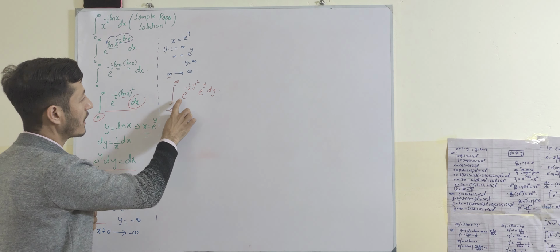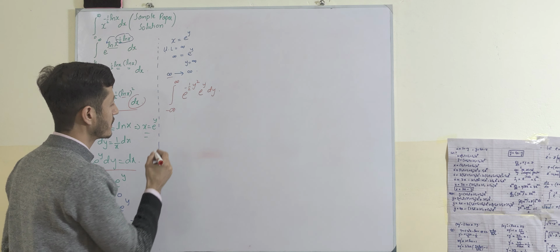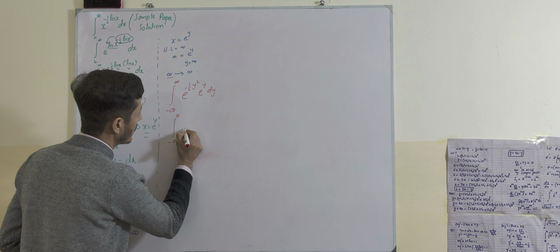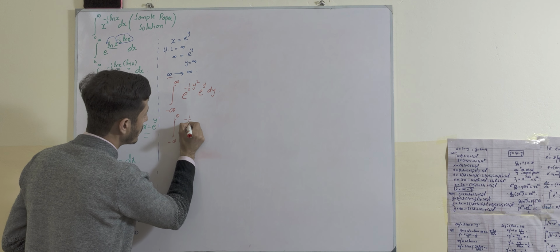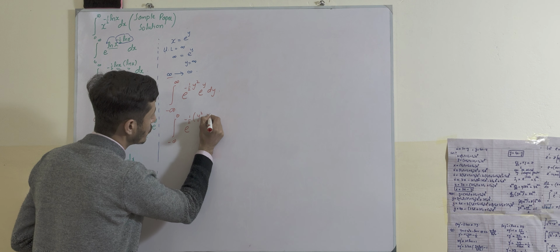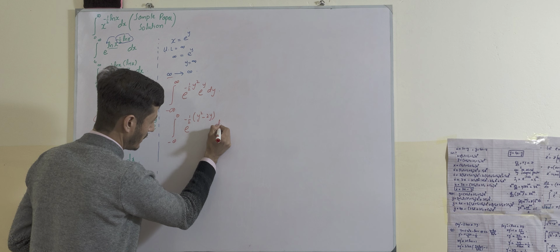Now the bases are the same, so the powers will be added. So it looks like from minus infinity to infinity, e power minus 1 by 2 y square minus 2y of del y.